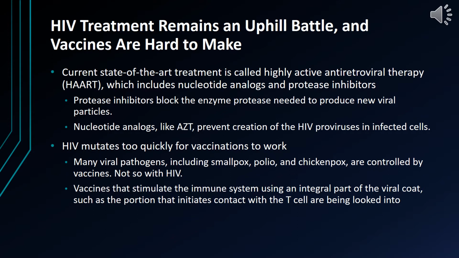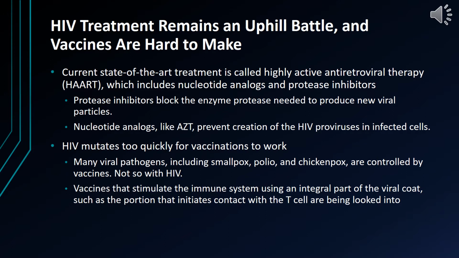These protease inhibitors work to block the enzyme protease, which is an enzyme also needed to produce new viral particles. So we're trying to inhibit the production of new viruses. And then the nucleotide analogs, such as AZT, prevent the creation of HIV proviruses in the infected cells.